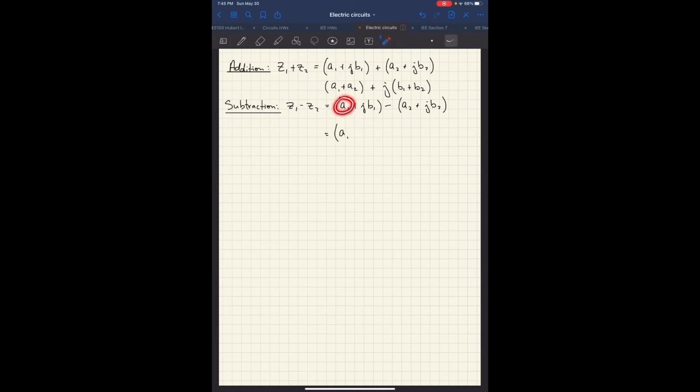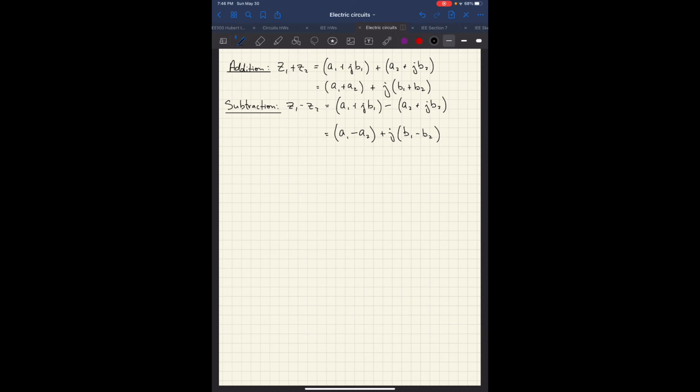I take a1 minus a2, and then I have my imaginary components, where it's going to be b1 minus b2. Like that. So the addition and subtraction, just like vectors, if you were adding, you add the components. You add the real components first, then you add the imaginary components. For subtraction, you subtract the real components and then subtract the imaginary components. So it's pretty straightforward so far.